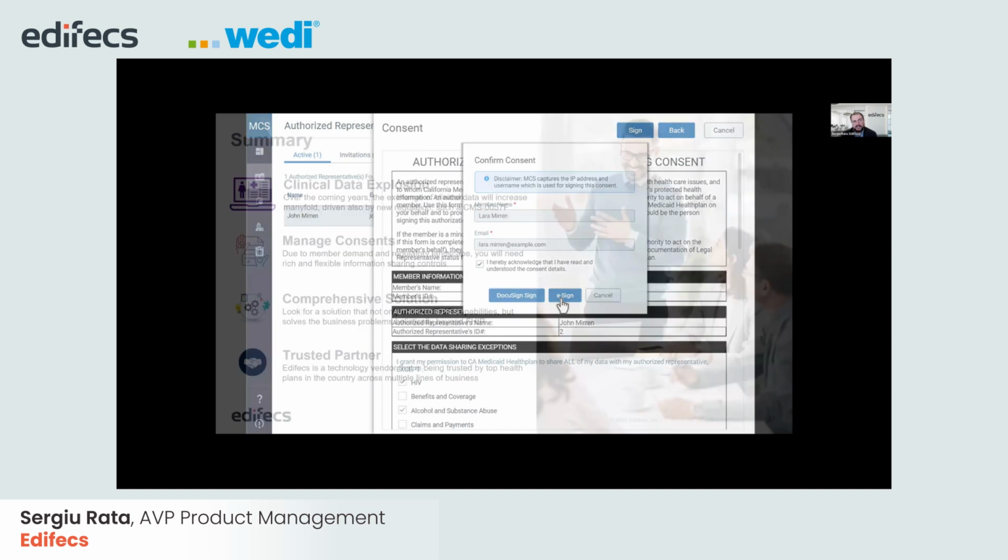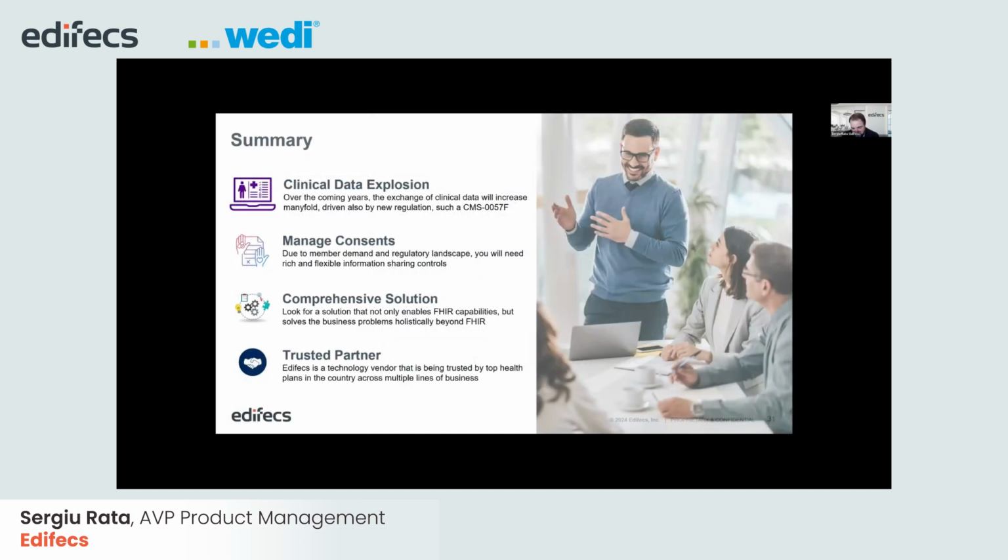In the end, I would like to summarize that the whole philosophy of CMS 57F is to remove barriers and friction for more free-form data flow between providers and payers, from providers to payers, and from payers back to providers.